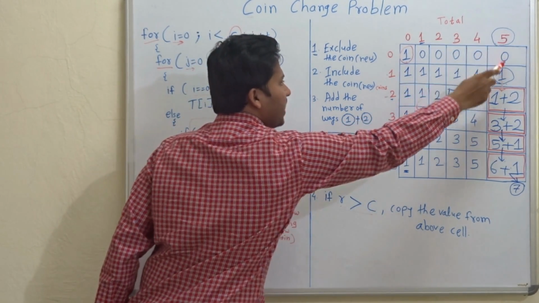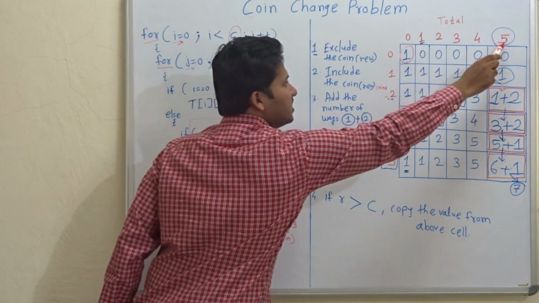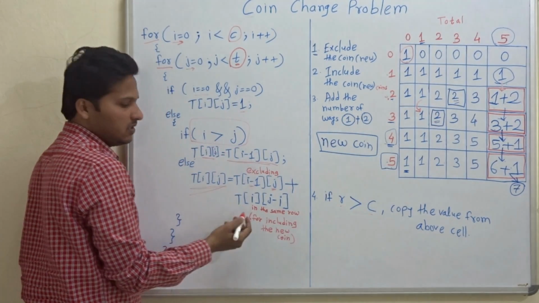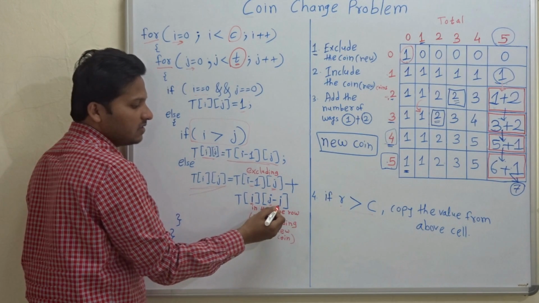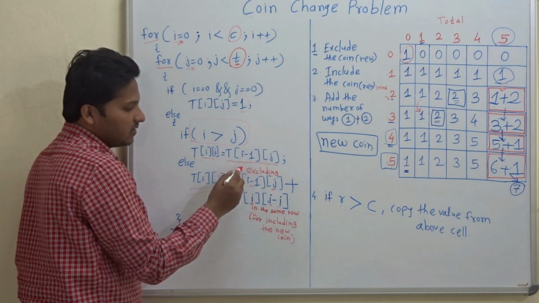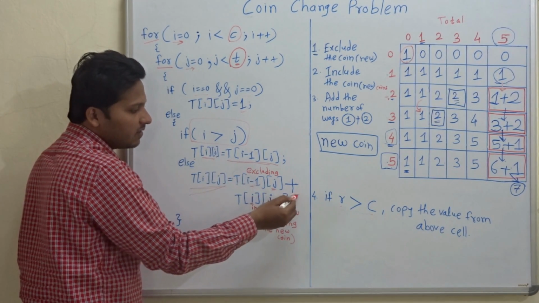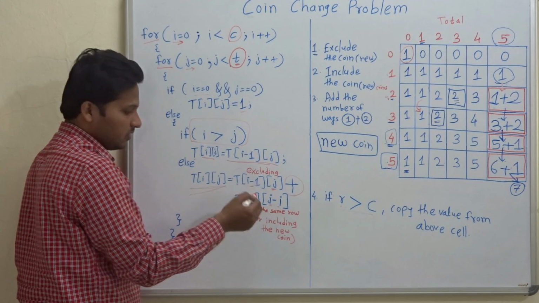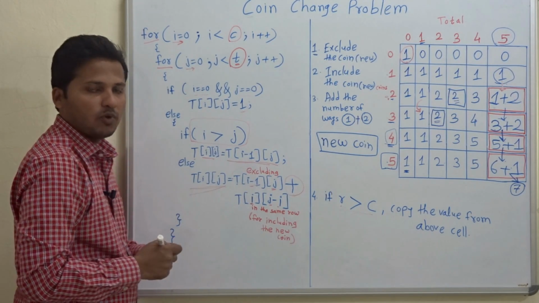This means j minus i. You have to go to the j minus ith column in the same row, which is done here. Same row, that is i, and j minus ith column. This is for including the new coin, and this is for excluding the new coin, and then we add them. This is the addition of both. So this is how we write the program for coin change problem.